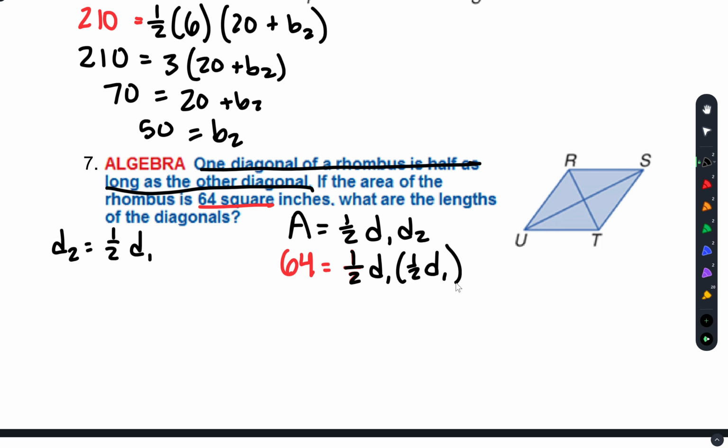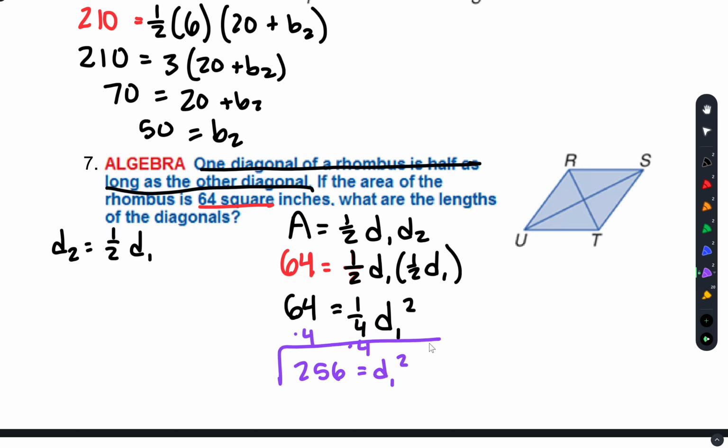So 64 equals 1/2 D1 times 1/2 D1. I can multiply all of that together. 1/2 times 1/2 is 1/4 D1 squared. This isn't too bad. I can just multiply everything by 4 to get 256 equals D1 squared, or take the square root, to get 16 equals D1. And that's 16 inches, I believe.